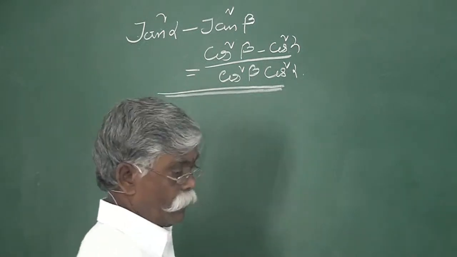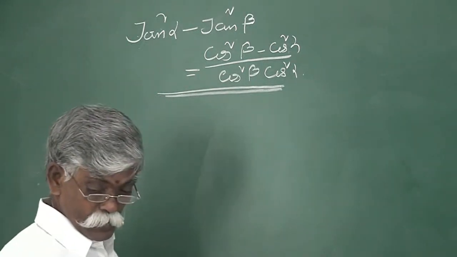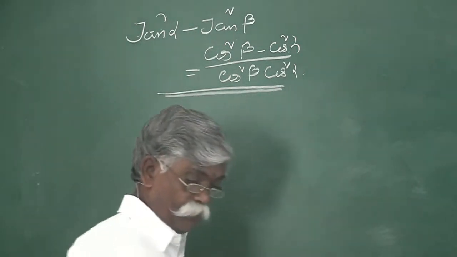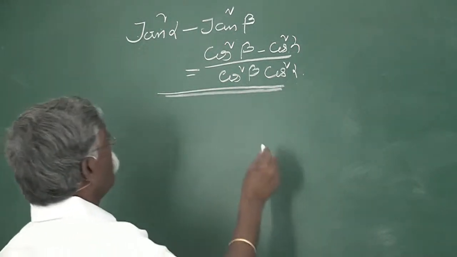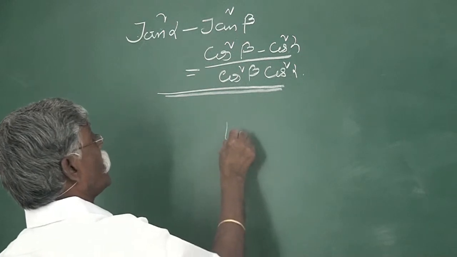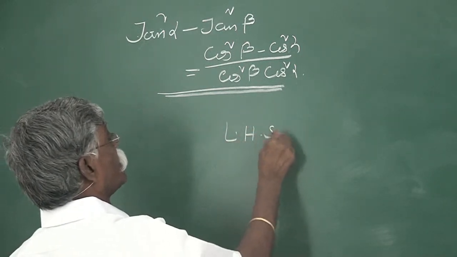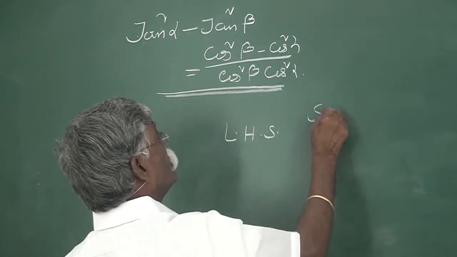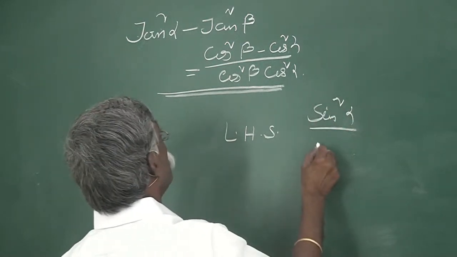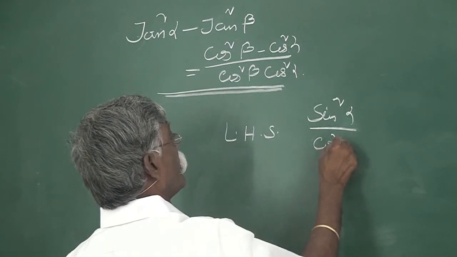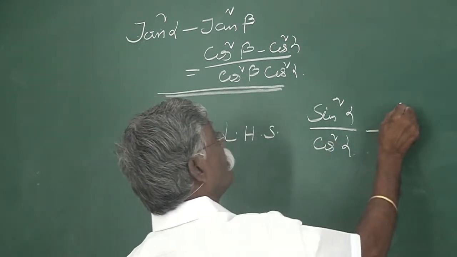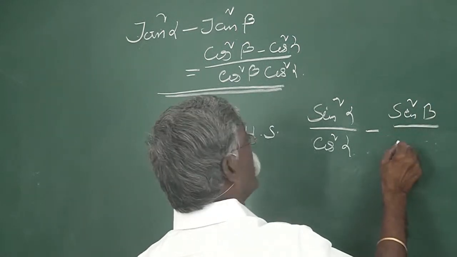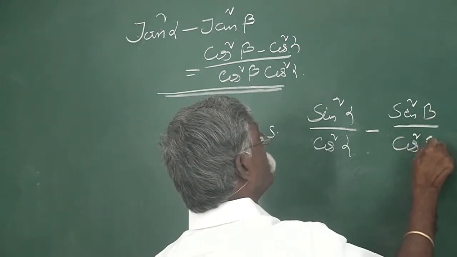So first, in three methods we can solve this problem. For the first one, taking the LHS and converting it into sine and cos, the LHS is equal to sin square alpha by cos square alpha minus sin square beta by cos square beta.